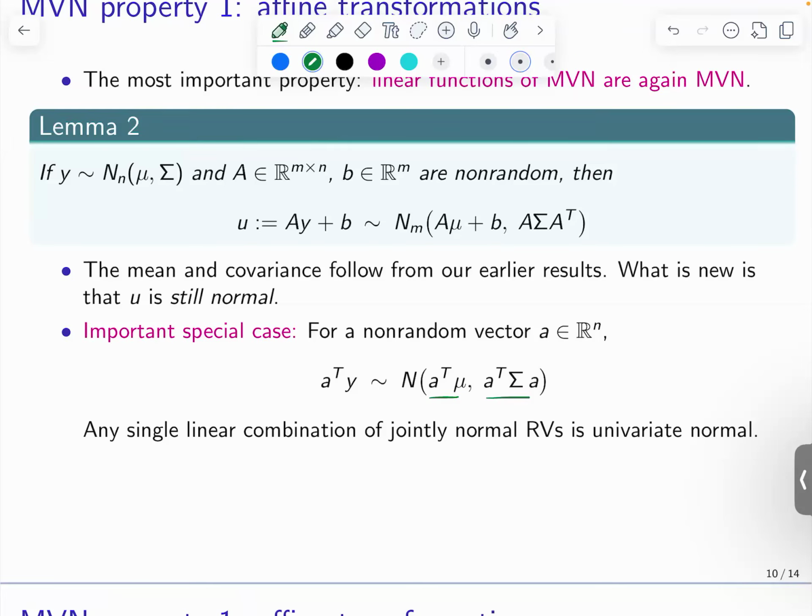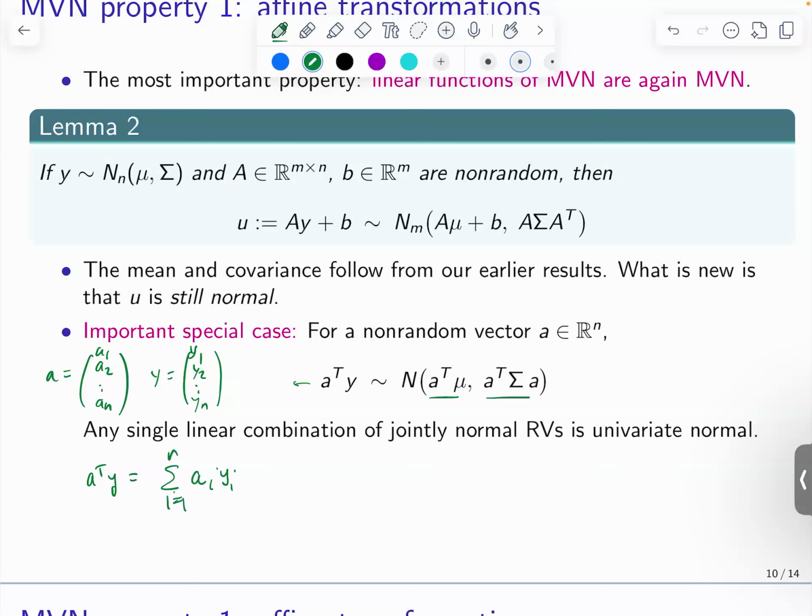And this is basically a general linear combination. If A is A1, A2 up to AN, and Y is Y1, Y2 up to YN, then A transpose Y is the summation of AI YI.